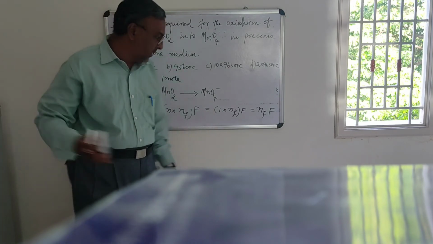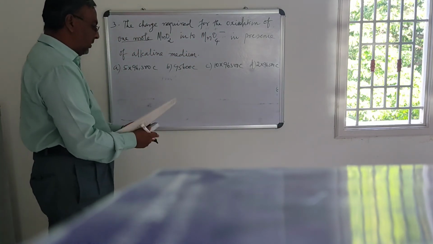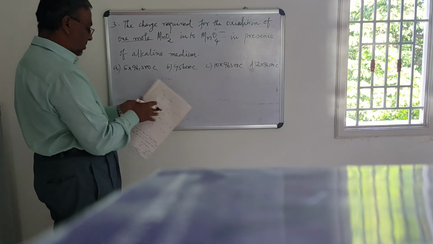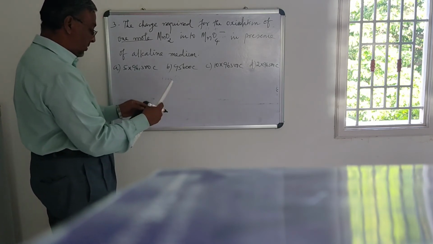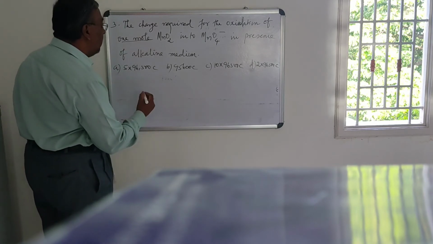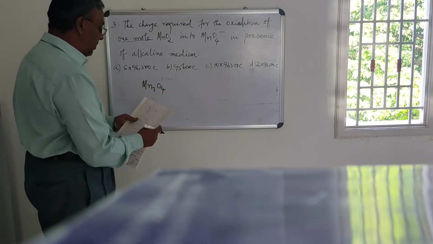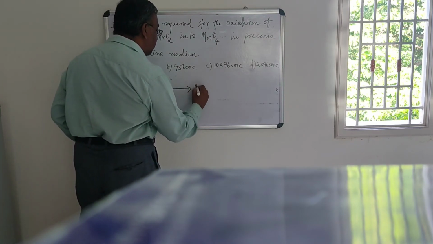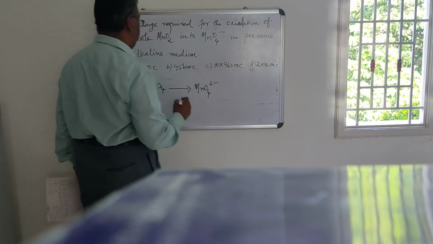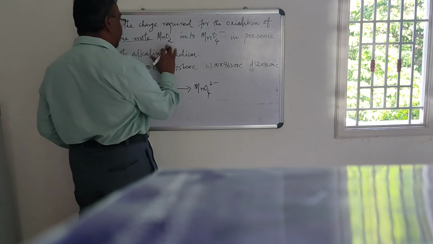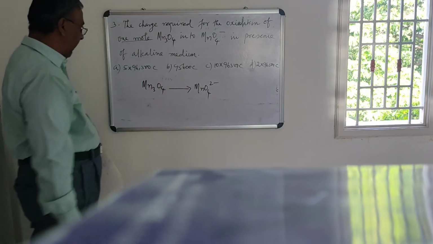How to find out this? Mn3O4 is changed to MnO4 2 minus. It is actually Mn3O4 in the problem given.